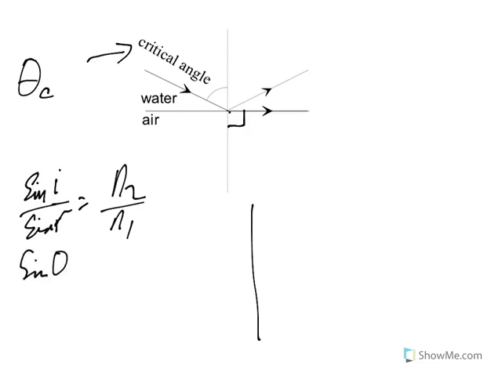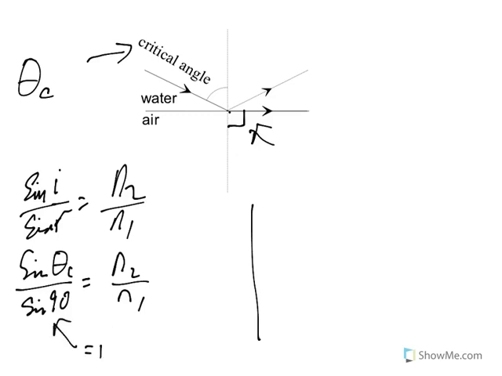So the sine of the critical angle over the sine of the angle of refraction, which is 90 degrees, is n2 on n1. Now, since the sine of 90 degrees is equal to 1, we can write that as the sine of the critical angle is n2 on n1.